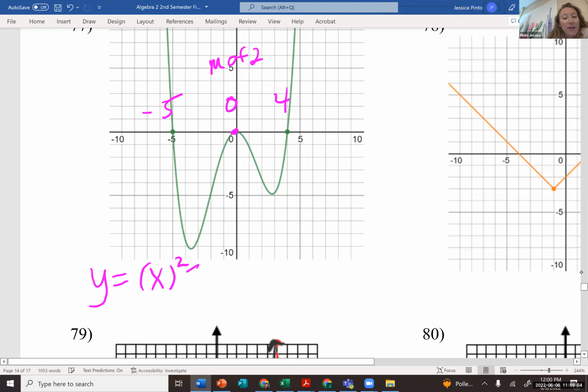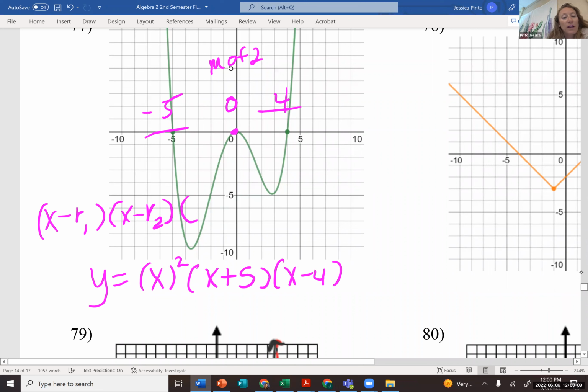Then I'm going to have x plus 5, and that's the x minus (-5), right? And then over here, the 4, x minus 4. And this is that pattern, x minus r1, x minus r2, x minus r3, that same pattern for however many roots there are, or x-intercepts.